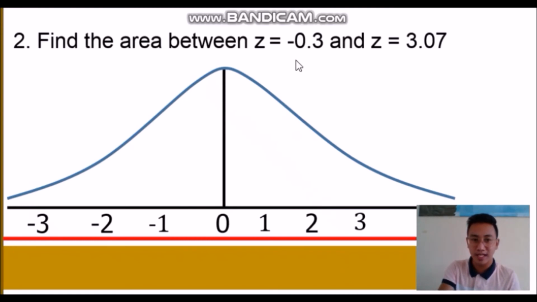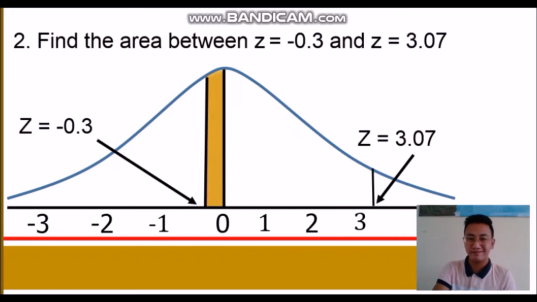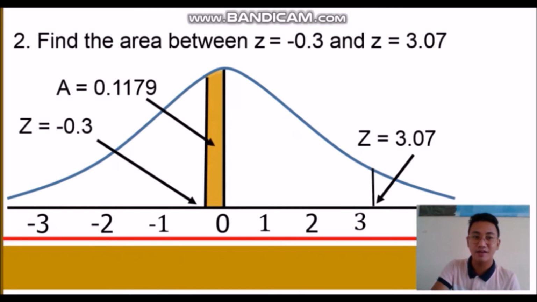Second example, find the area between z is equal to negative 0.3 and z is equal to 3.07. Locate first negative 0.3. Of course, it can be found before negative 1 and 3.07 can be found after 3. For the first step, locate first this area from 0 to 0.3. Go from the table. Have you found it? From 0 to 0.3, the area is 0.1179.